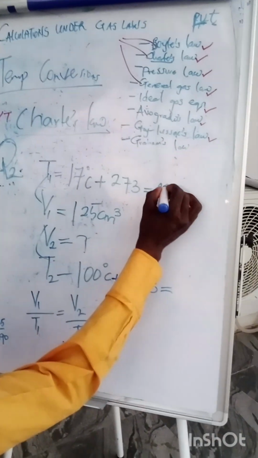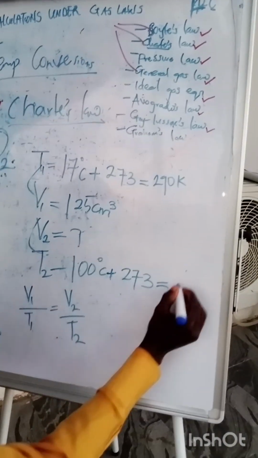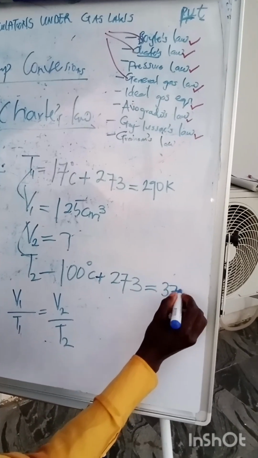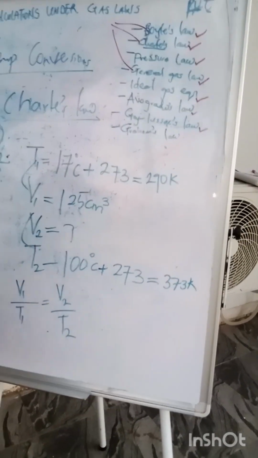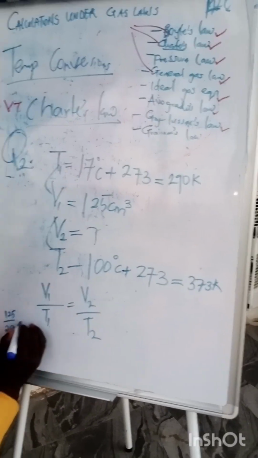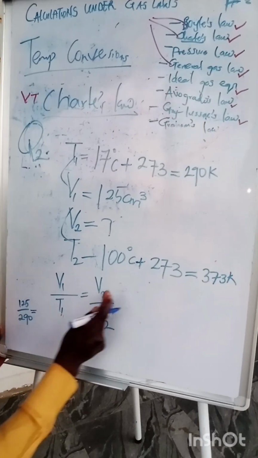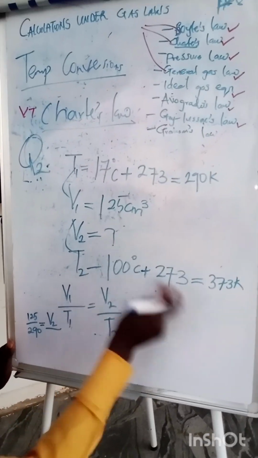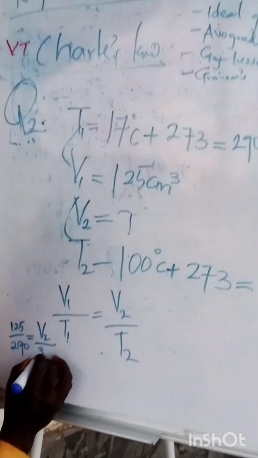Put it there, 290 Kelvin. T2 is 373 Kelvin. So V2, what we are looking for, divided by T2, which is 373.